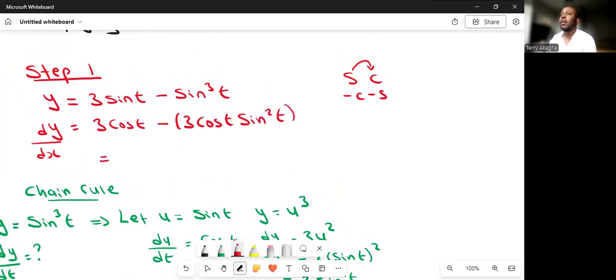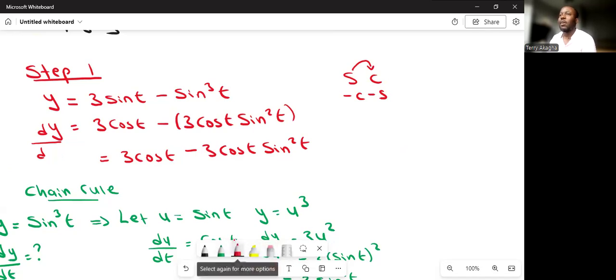So the final answer for that is going to be 3 cos t minus 3 cos t sine squared t. And that will be the answer for dy over dt, not dx. I beg your pardon, I'm used to dx already. So it's going to be dy over dt because we're differentiating y with respect to t.